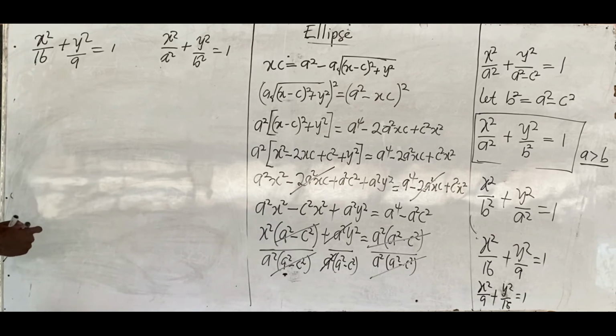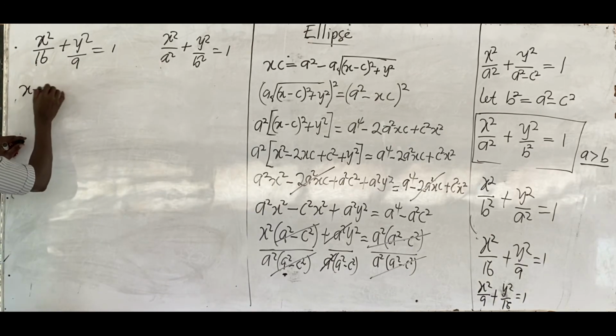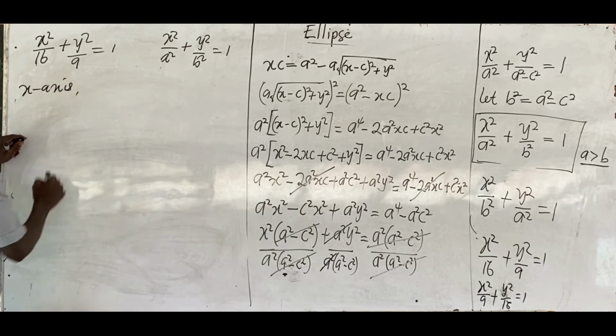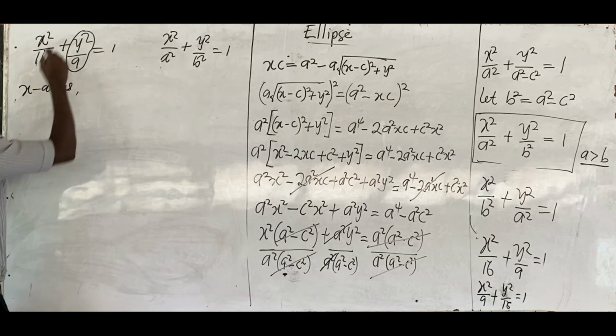If you want to sketch this on the x-axis, what happens to y? y becomes 0, so the whole of this part becomes 0.